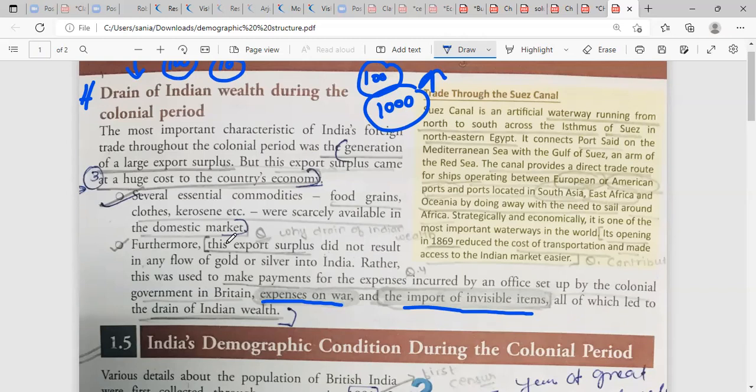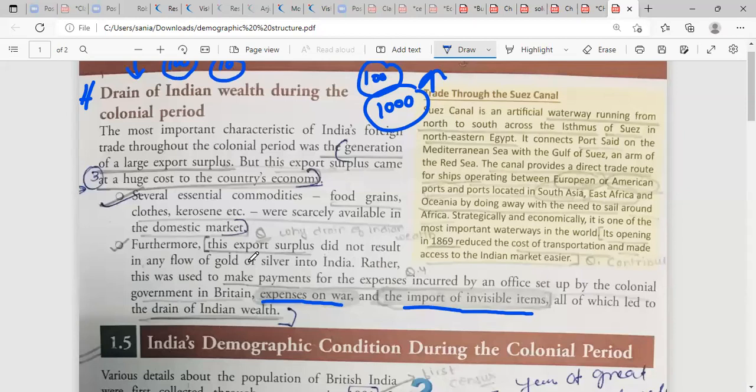So ma'am, how can you say that? How can we say that? First indication is that we were exporting and importing, there was lots of money, but still the basic commodities like food grains, clothes, kerosene and all that were not available in our market. People used to suffer a lot to get clothes, people used to suffer a lot for kerosene oil and all that.